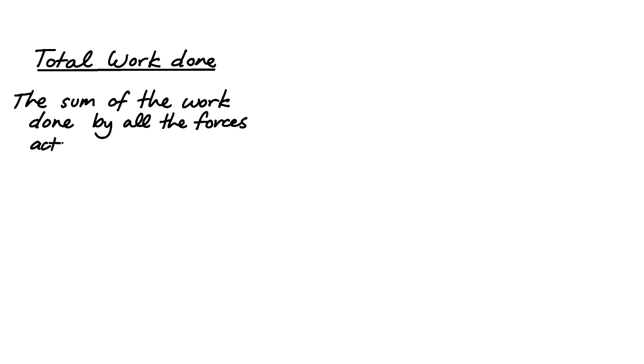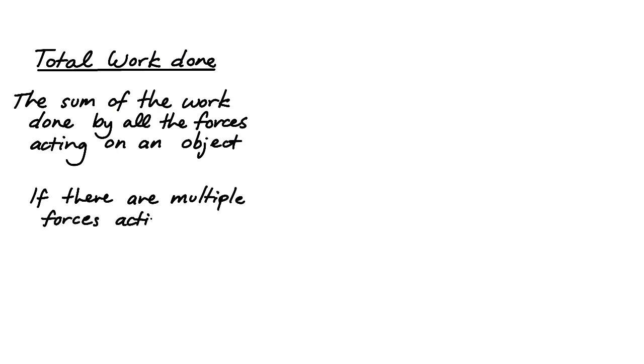We can also solve for what we call the total work done. So this is on an object. So the total work done is the sum of the work done by all the forces acting on an object. So suppose you have multiple forces acting on a single object. Say you have F1, F2, F3, and so on.